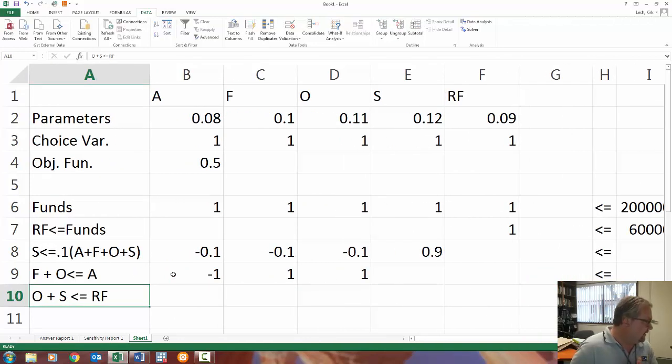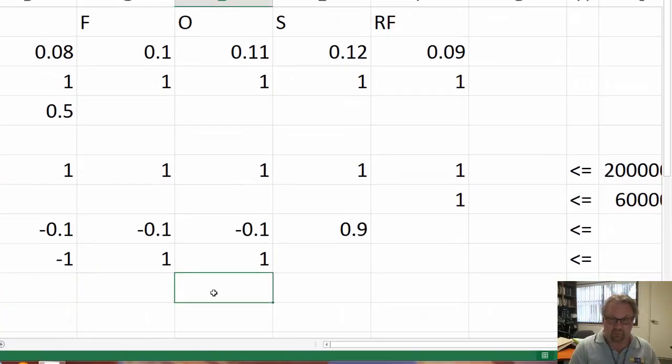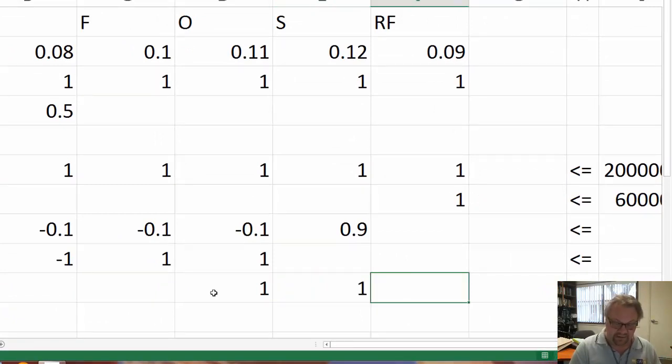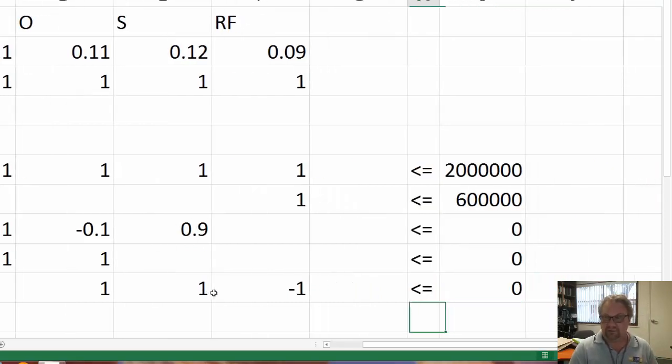And then the last bullet point, other secured loans plus signature loans may not exceed the funds invested in risk-free securities. Same thing as before, just move risk-free securities over to the left-hand side. So here I'm going to have 1 for O, 1 for S, and then negative 1 for risk-free securities. And that's got to be less than or equal to 0.